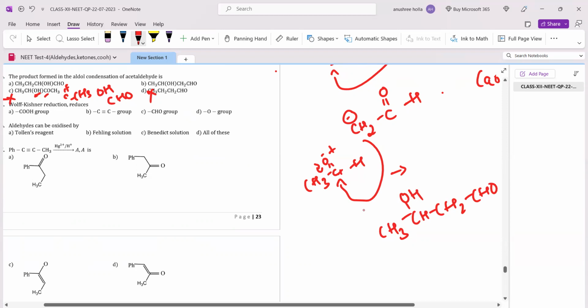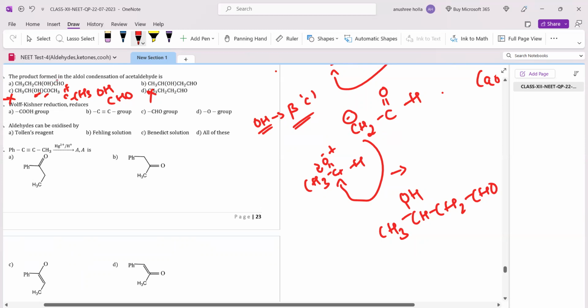Very simple method to remember: the aldol which you always get is a beta hydroxy compound. That means the OH group should be on the beta carbon atom. So here in option A and option B, if you observe, the OH is attached to the carbon next to the aldehyde carbon.